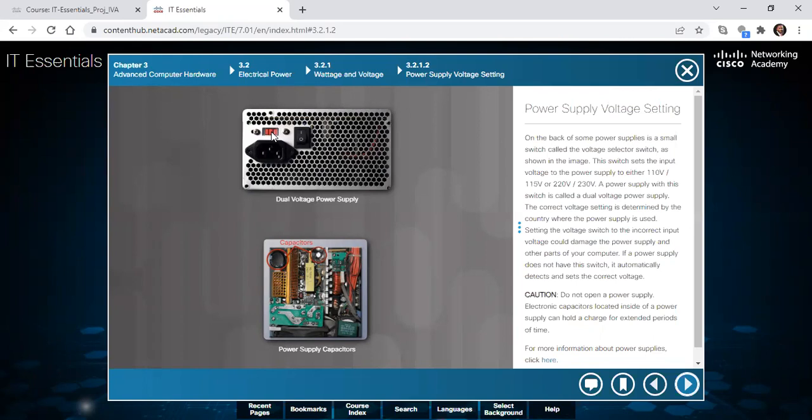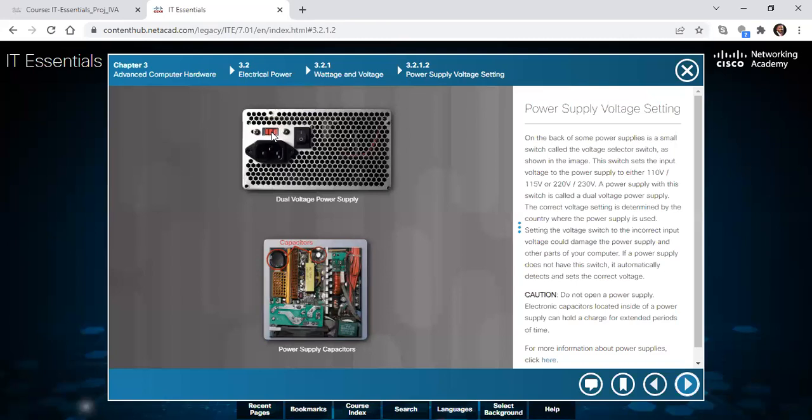It's always important, especially when you buy a new system, before you plug it into the wall socket, to make sure you have shifted this switch to 220, because if it is still on 110 or 115 and you plug it in, it will blow the capacitors inside the system.